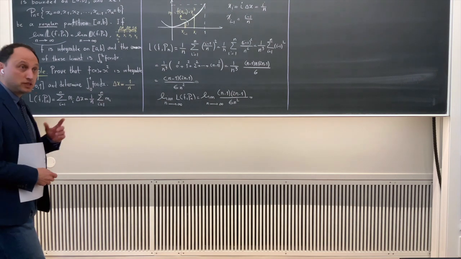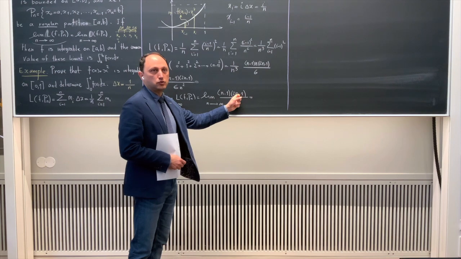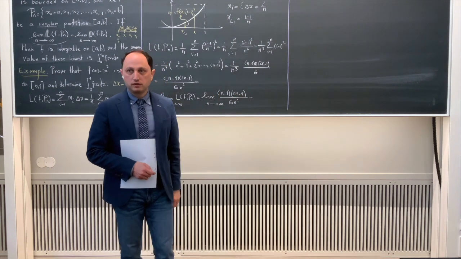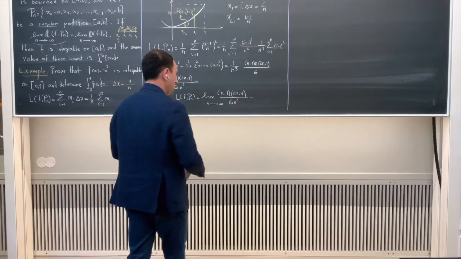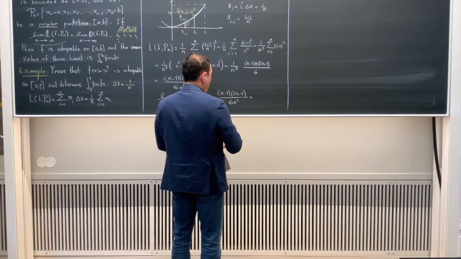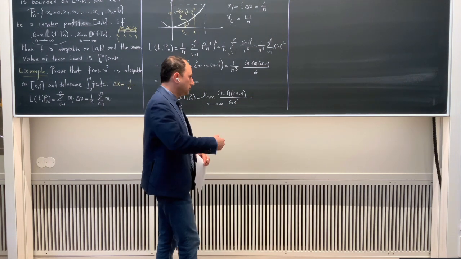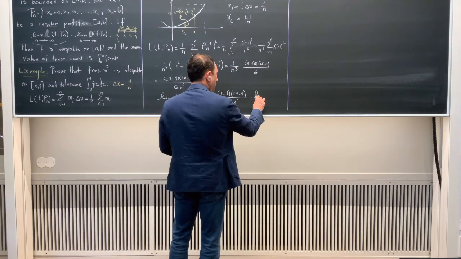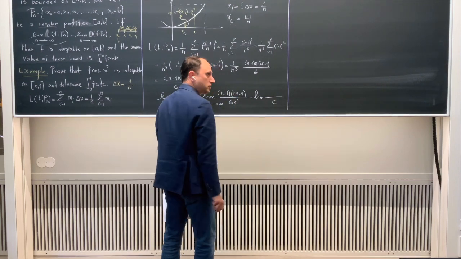No, they have the same degree. Because this is n squared, and if you multiply, that's also n squared. So they have the same power. None of them will dominate over the other one, yes? So what's the answer? Okay, so if you want, I can divide everything by n squared. Do you remember? You have to divide by the highest power. When I divide the denominator by n squared, it is simply 6.